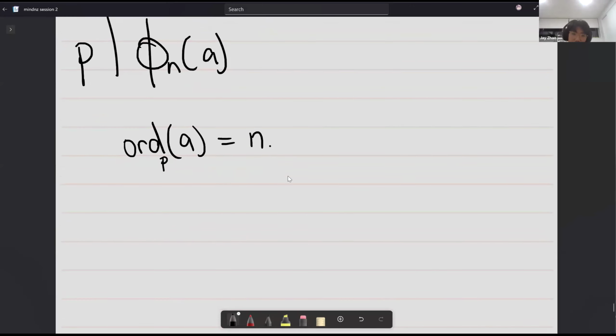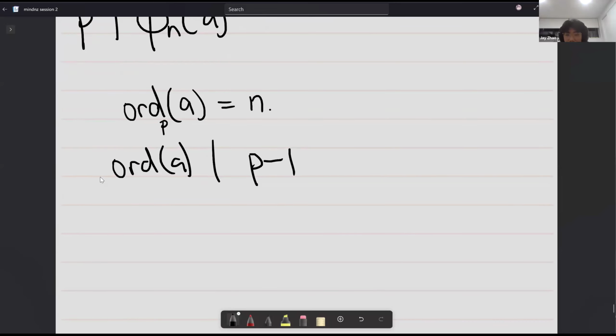And remembering the trick that Haotian talked about, the order of a divides p minus 1. So that means n divides p minus 1, because these are the same.